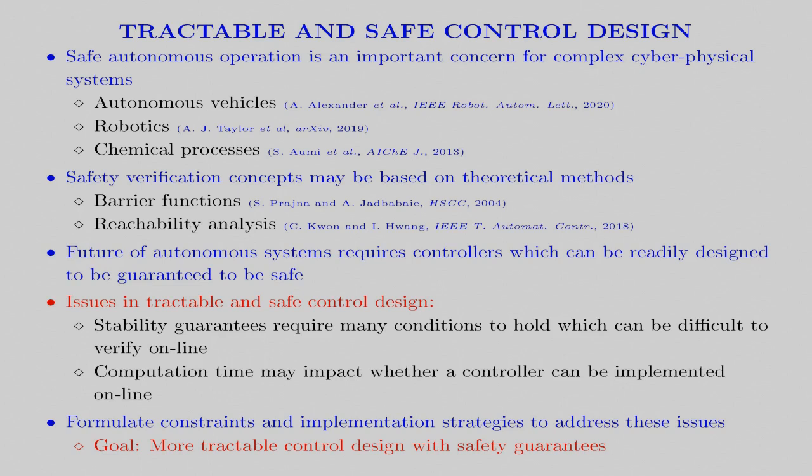Issues include difficulties designing a controller which can be verified online to meet all stability conditions, and oftentimes controllers may be too computationally burdensome to implement online. To address these issues, we will be discussing modified constraint formulations and implementation strategies with the goal of allowing for a more tractable control design with guaranteed safety.